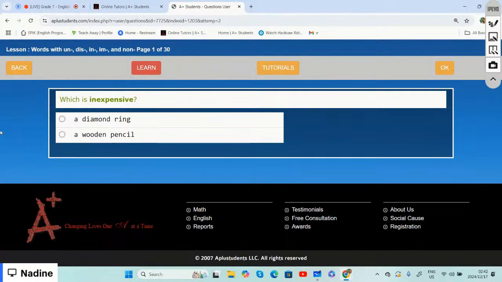So which is inexpensive? Which is not expensive? Inexpensive means that it is not expensive. Is it a diamond ring or a wooden pencil? A diamond ring, or a wooden pencil.